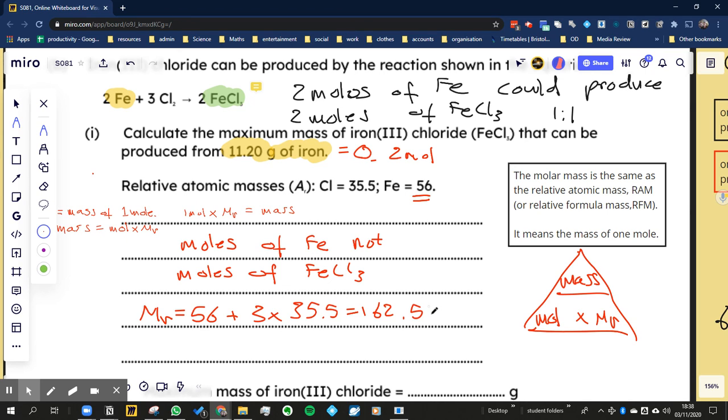That's the molar mass I've just worked out for the iron chloride, so that's the mass of 1 mole. Now I've got 0.2 moles, so I'm going to multiply that by 0.2.